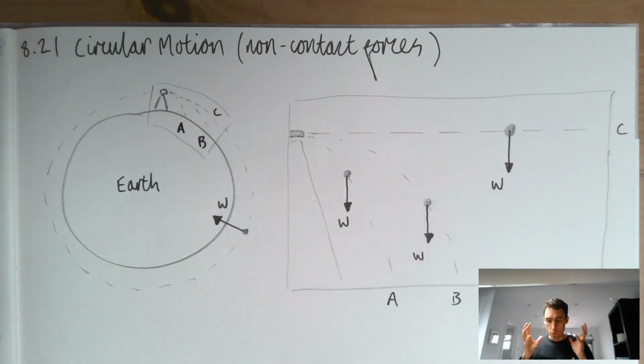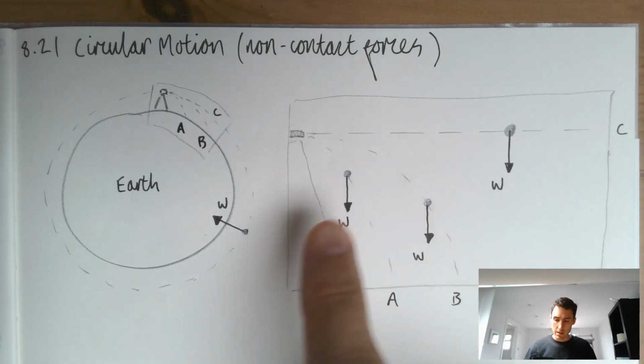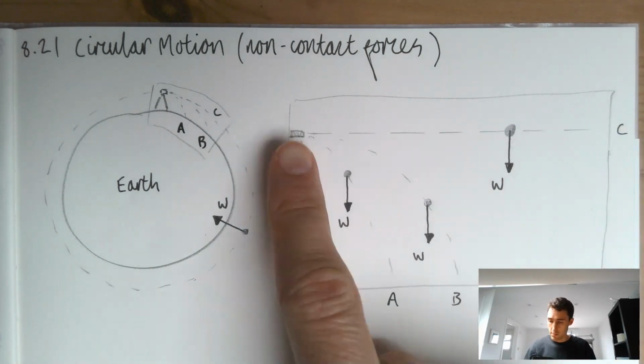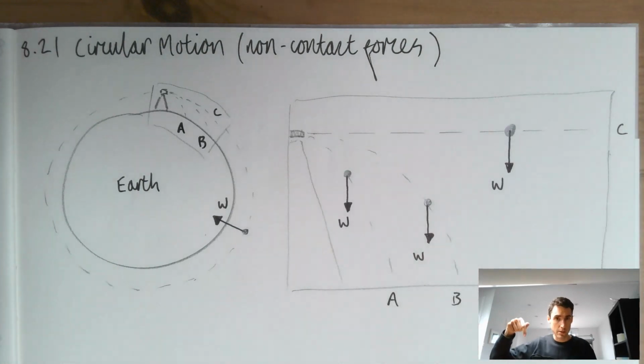And what this thought experiment illustrates, well, lots of different things, but one thing it illustrates is that actually this cannonball, as it moves along in this seemingly straight path, is constantly accelerating downwards towards the centre of the Earth.